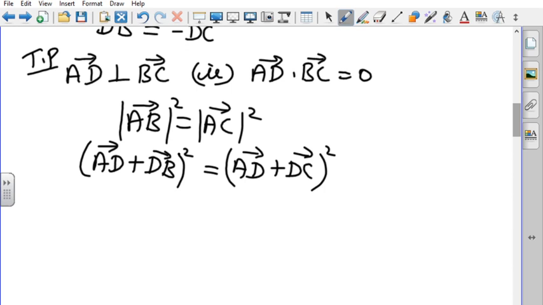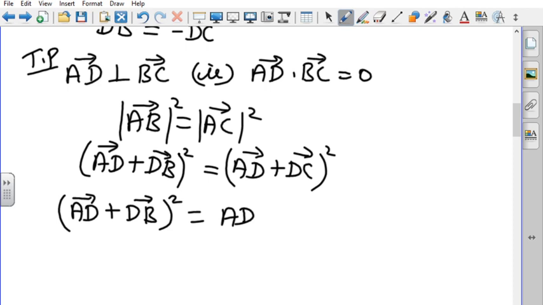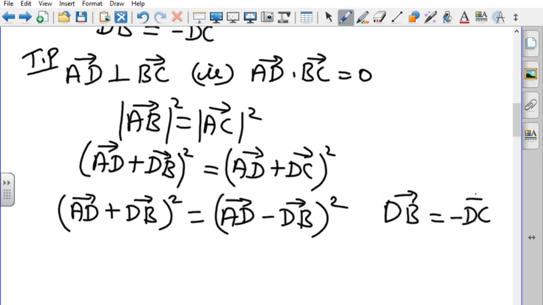So we can write this as AD vector plus DB vector, the whole square, is equal to AD vector minus DB vector, the whole square, because we know that DB is equal to minus DC. DC can be written as minus DB.